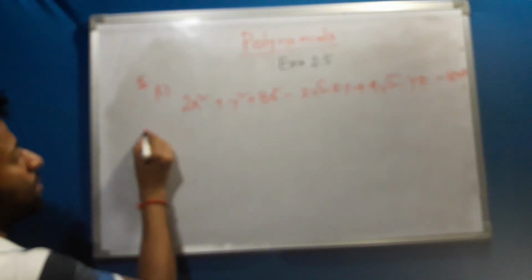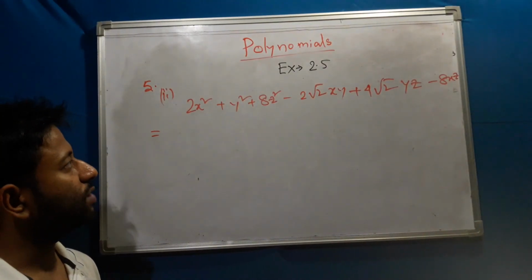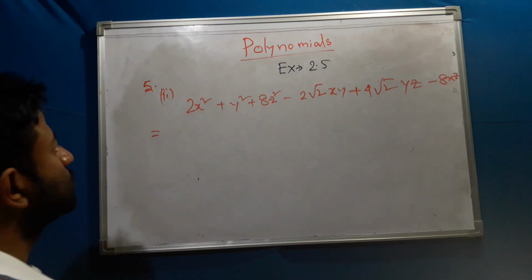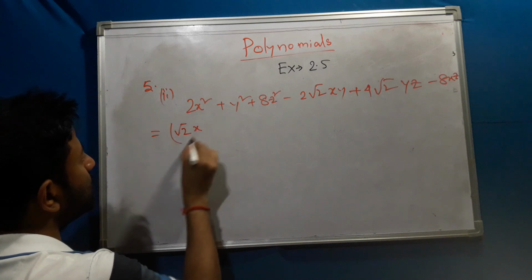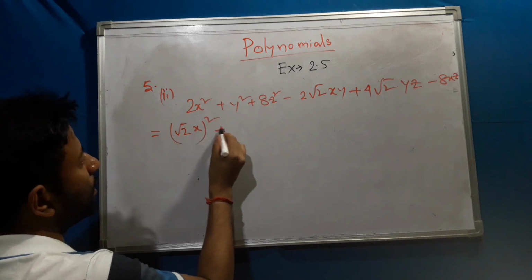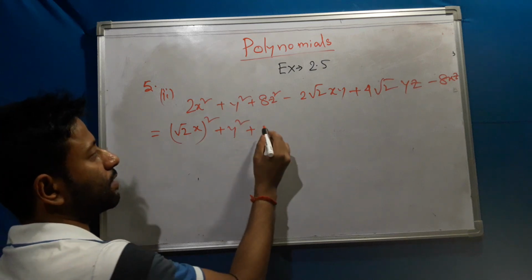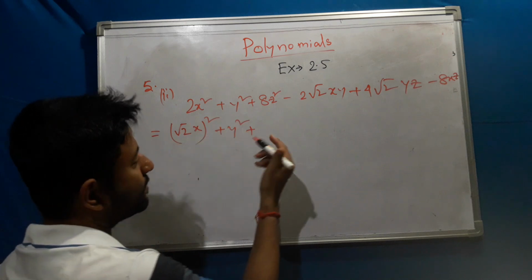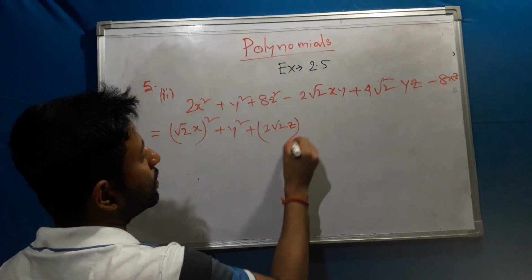So you see how I can arrange all these things so that I can put some formula and solve this problem. So this one I can write as (root 2 into x) whole square. Okay, and y square is written as y square only, and 8z square I can write as (2 root 2 into z) whole square.